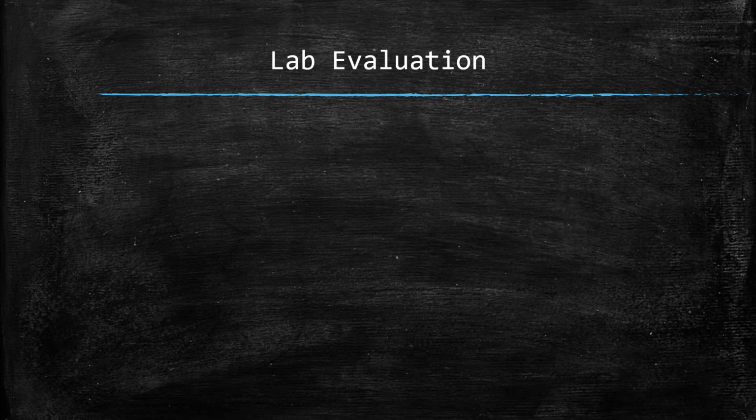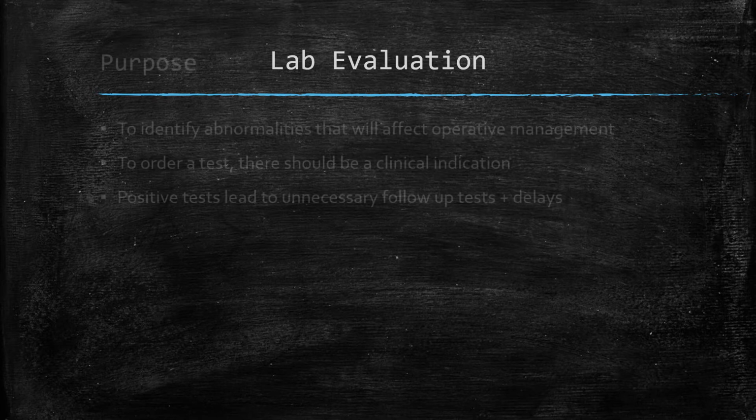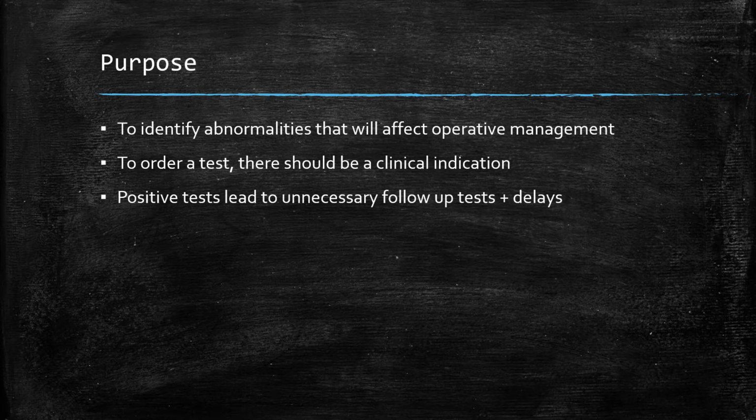So now let's go on and talk about the preoperative lab evaluation of our patient. The purpose of the preoperative laboratory evaluation is to identify abnormalities that will affect the conduct and the postoperative course of the operation. And so if you're going to order a test, there should be a clinical indication for that test.